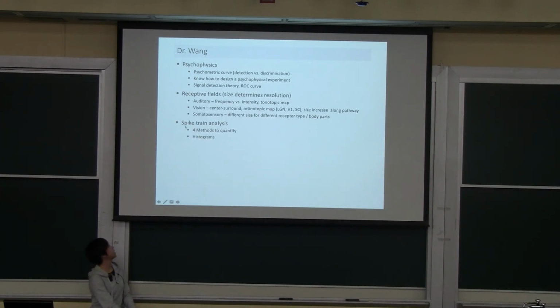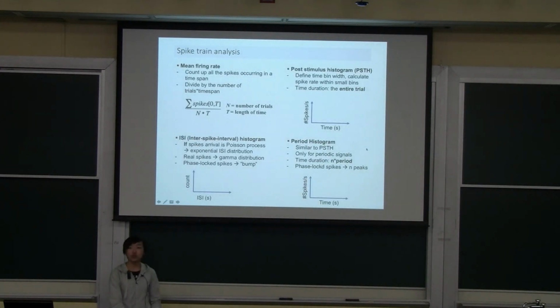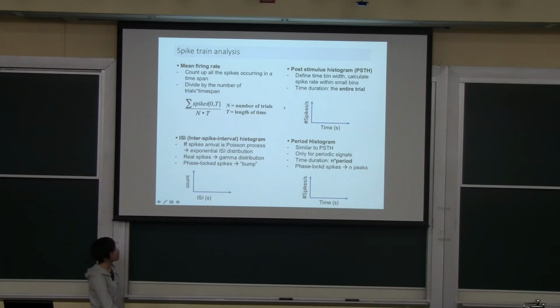And spectrum analysis. Just to refresh your memory, these are the 2 ways to quantify a spike train. The simplest is to just calculate the mean firing rate. Basically, you count how many spikes across all the trials and divide by the number of trials and the length of time.